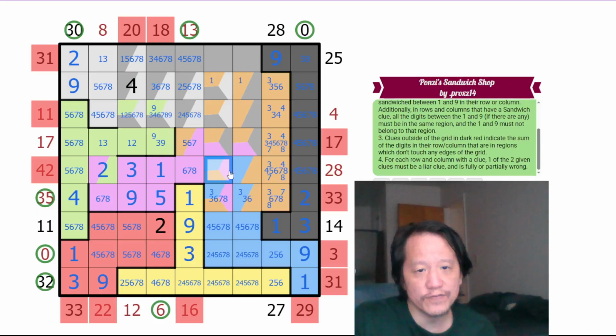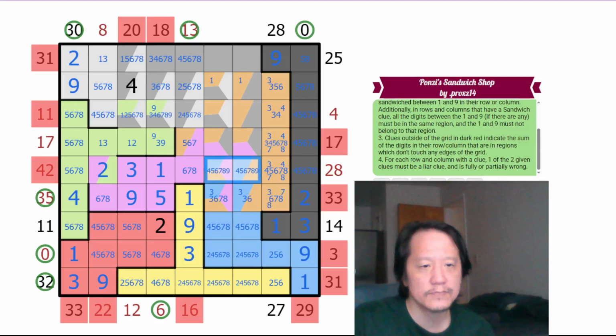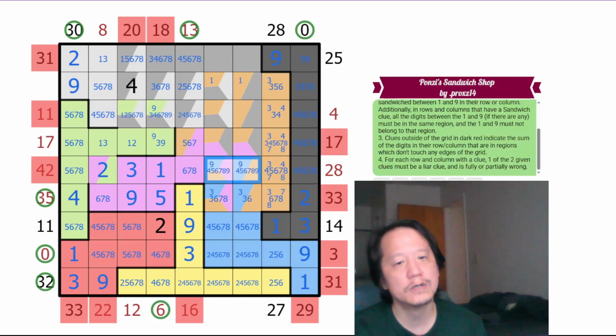Remaining digits of row 5, we have 4 through 9. Ooh, that's interesting. 9 has to be one of these two digits here. And it cannot be pink. So that means it has to be orange.